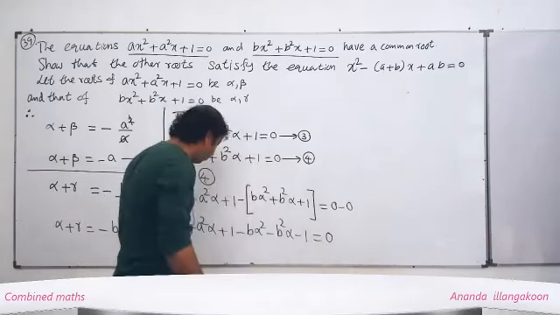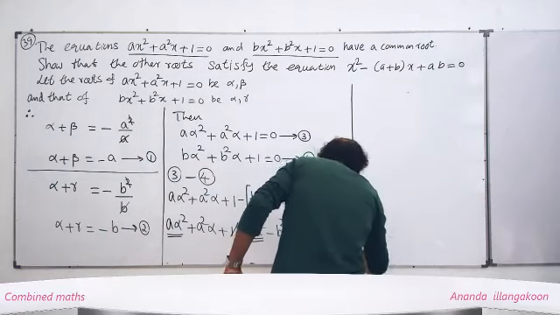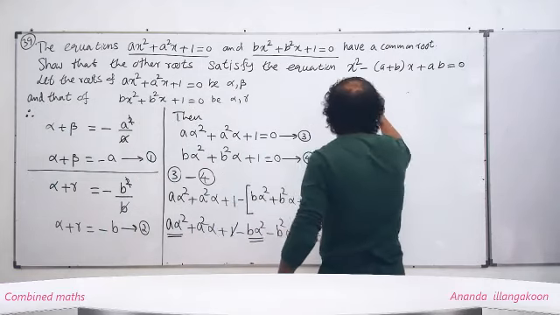You can see here now, A alpha squared minus B alpha squared. From these 2 terms, you can take alpha squared out.